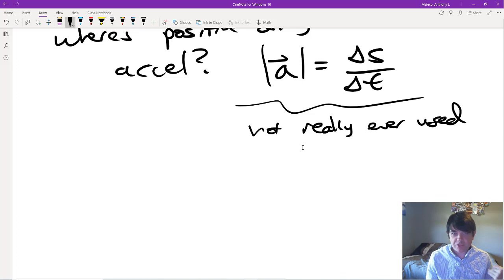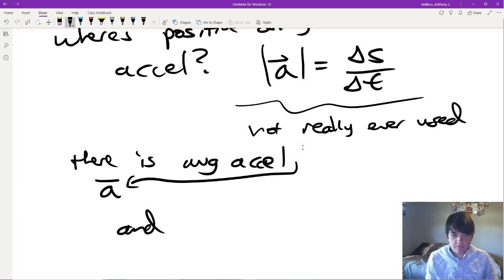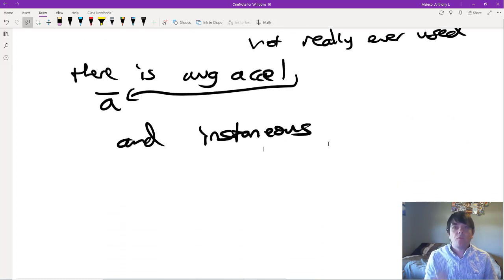Now, remember how I mentioned average velocity? There is average acceleration, and there is instantaneous acceleration. But due to the complexity of the problems, this is reserved for higher levels of physics.